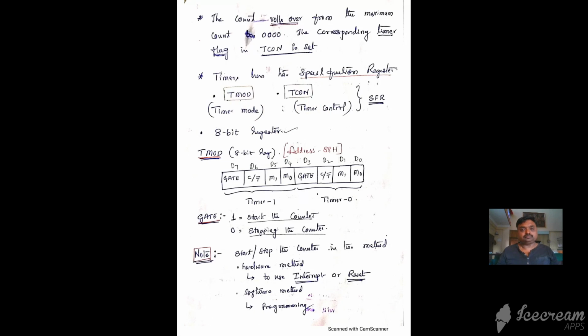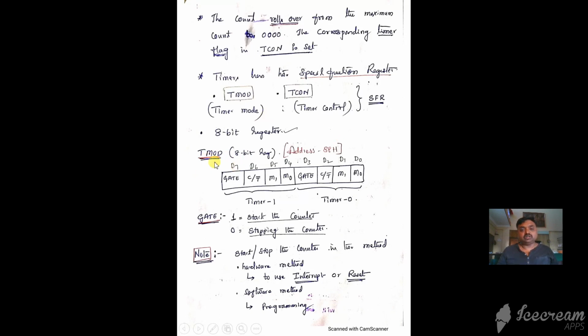These two registers are 8-bit registers, remember. The timer mode register starts from address 89H. We need to set the timer mode for the operation we want, either through the address or by using the register name TMOD.